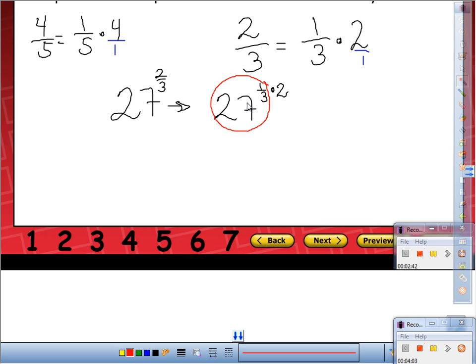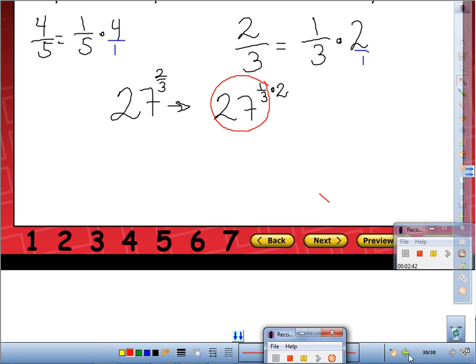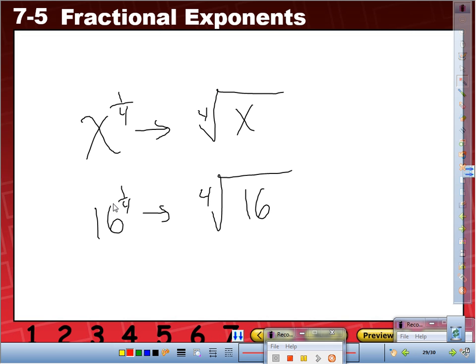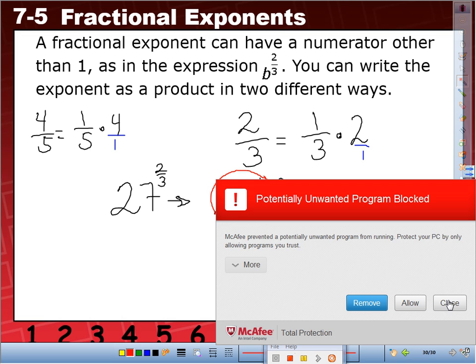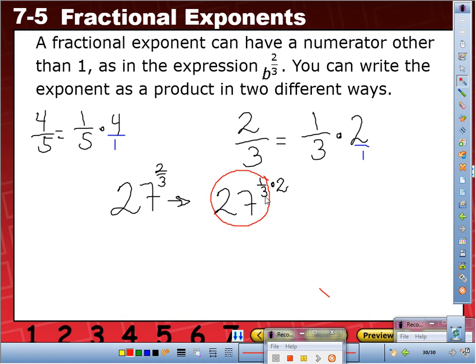does this look familiar? Yeah, remember I showed you guys that if we have this, we can rewrite it as a radical to the index of that exponent. Does everybody see that? So therefore, what does this become? Think about it. This becomes what?